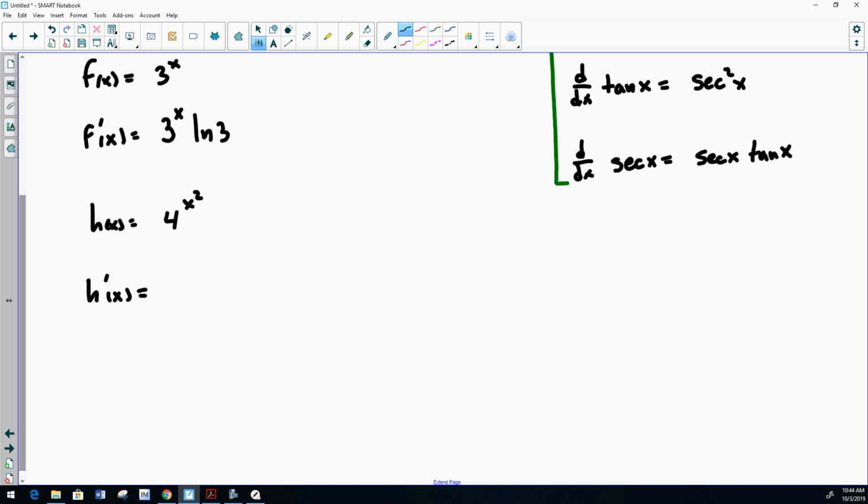So the answer is 4 to the x squared ln 4 times 2x. Now, let's say, again, I'm very good at writing multiple choice. Let's say it's not an option. Do you have the skills to make it match one of these options?